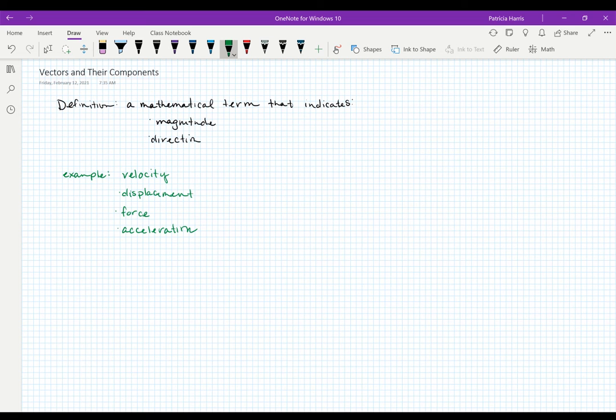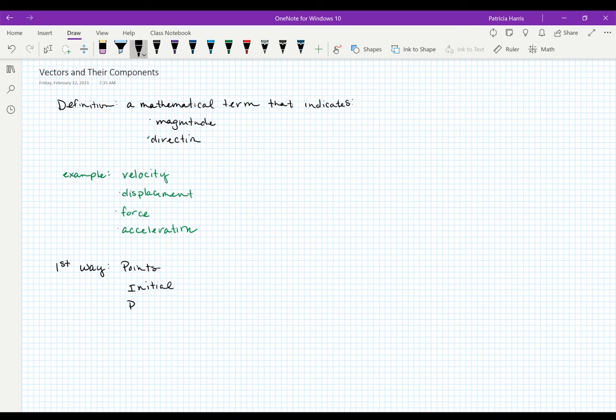Okay, so we have different ways to say vector. So the first way to indicate a vector is by points. Okay, so the first point is your initial point.